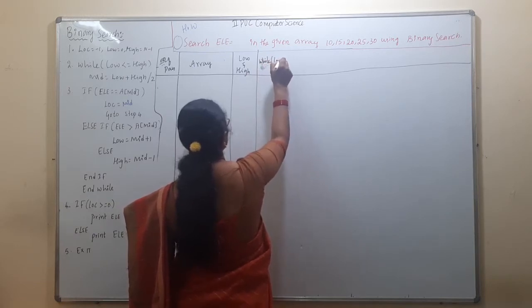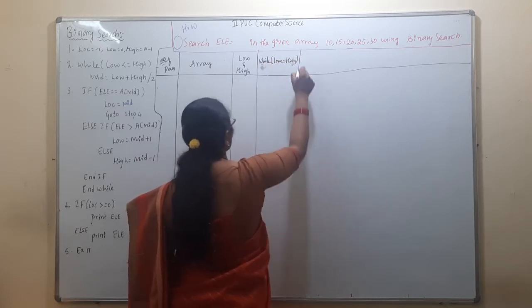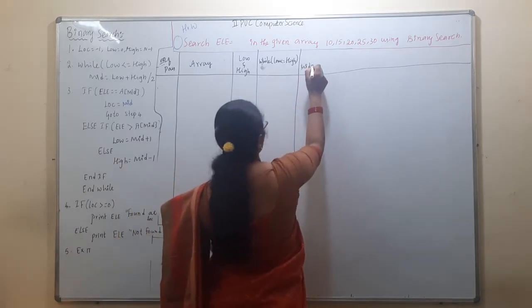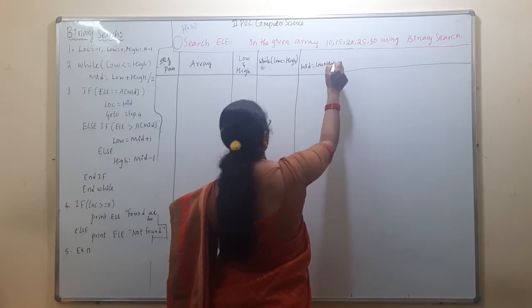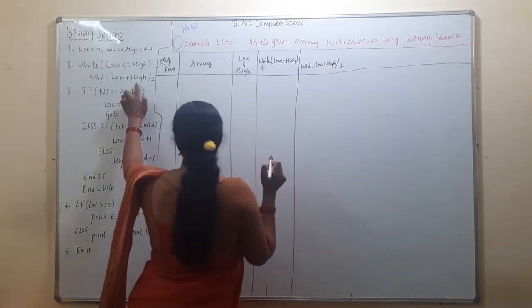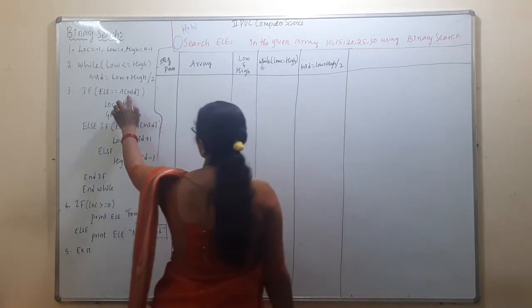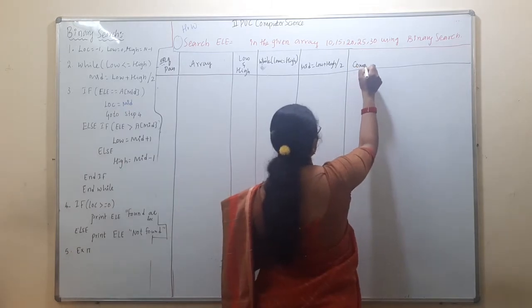While low is less than or equal to high, if this condition is true, then only we find the mid equal to low plus high divided by 2. Then the condition 1, 2, 3, that is in the comparison.